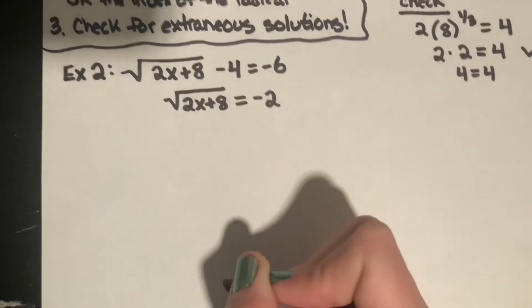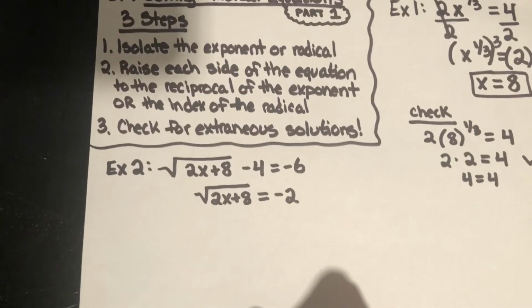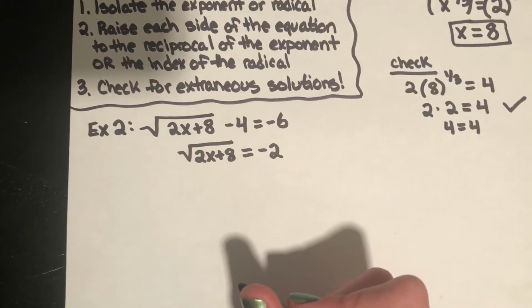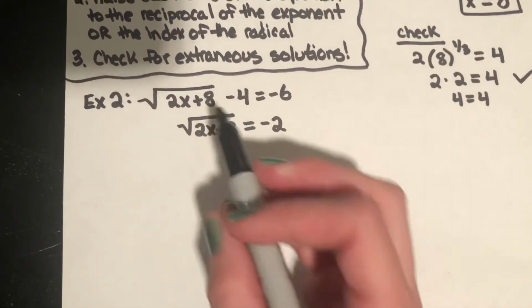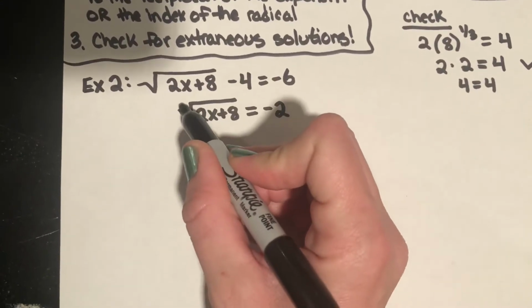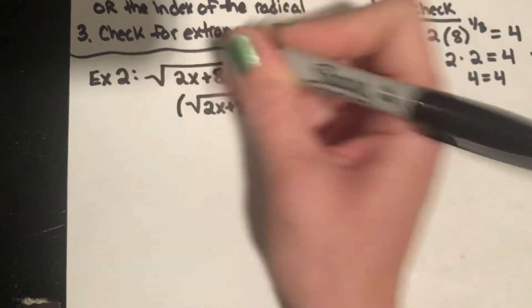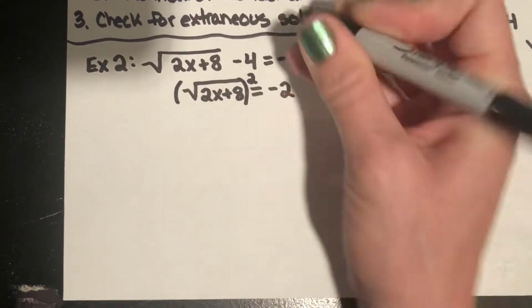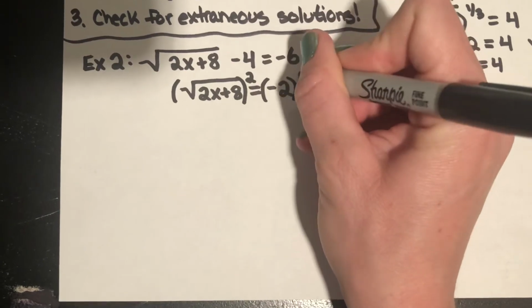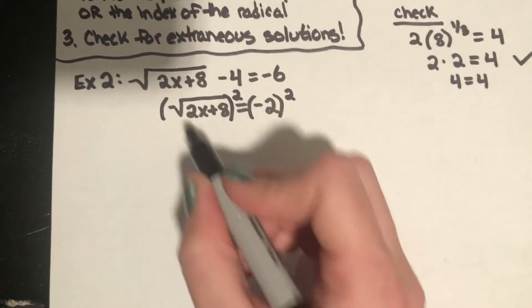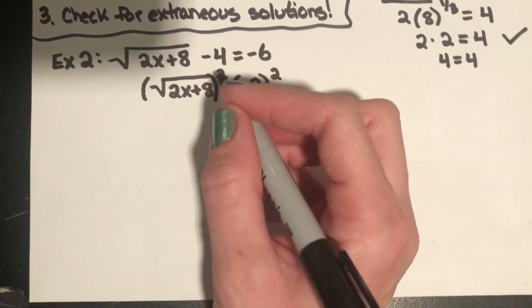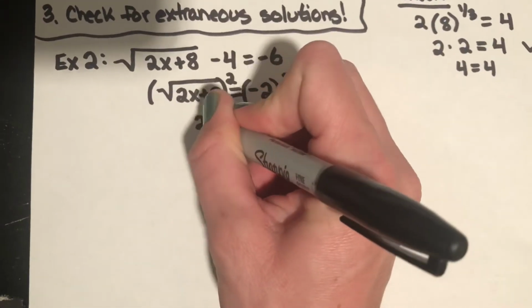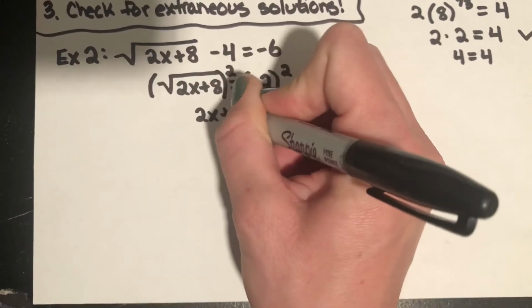All right, next we are going to raise each side of the equation to either the reciprocal of the exponent or the index of the radical. Since we have a radical, we have an index here of 2. That means we are going to square both sides. Well, the quantity of the radical 2x plus 8 squared is just what is underneath that radical, 2x plus 8.